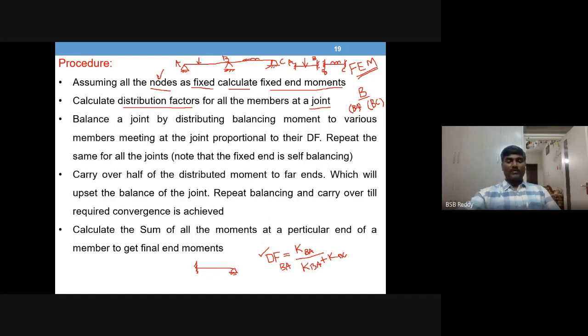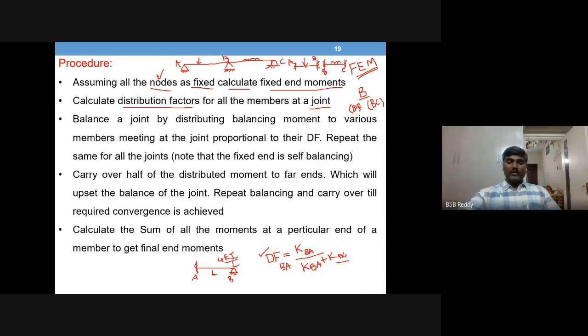You have to estimate it. How do you estimate K? 4EI by L. You will be given the values of EI and span L for member AB in the given problem. All these will be given data, so you must be able to estimate the K value. Similarly for BC also, same case. So this is how it is to be done.